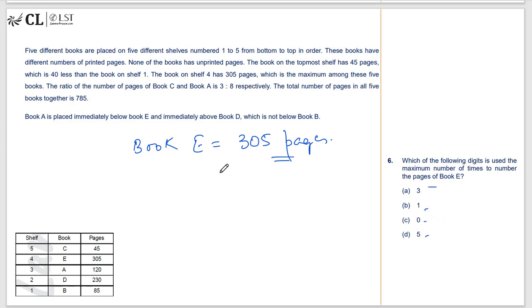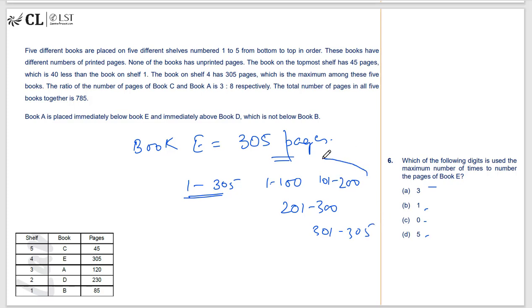Now, rather than calculating, one could also use a little logic here: from 1 to 305, the hundreds that we are completing are 1 to 100, then 101 to 200, 201 to 300, and then 301 to 305.